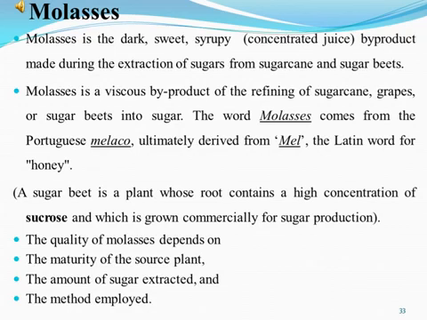A sugar beet is a plant whose root contains a high concentration of sucrose and which is grown commercially for sugar production. The quality of molasses depends on the maturity of the source plant, the amount of sugar extracted, and the method employed.